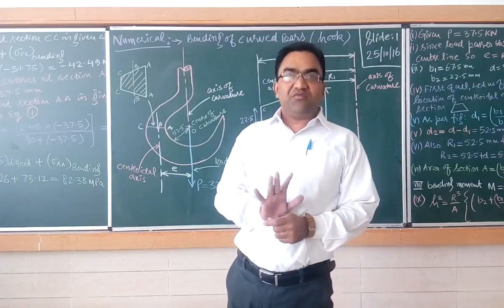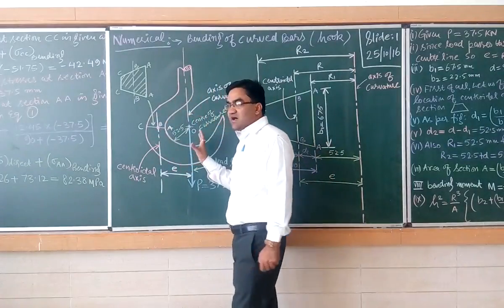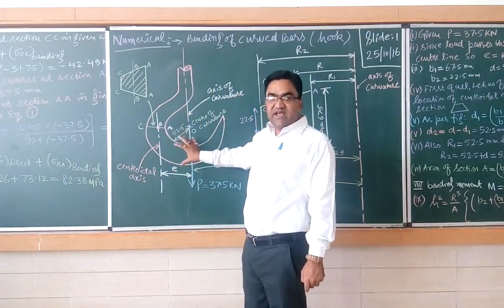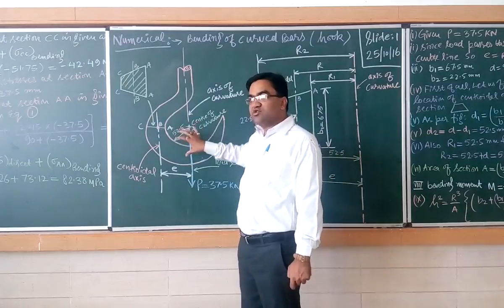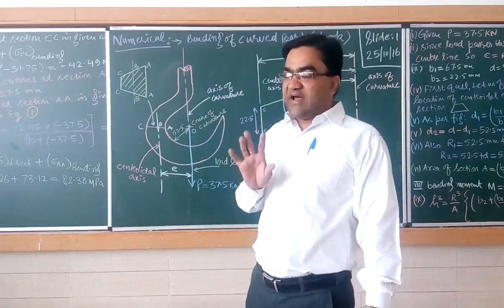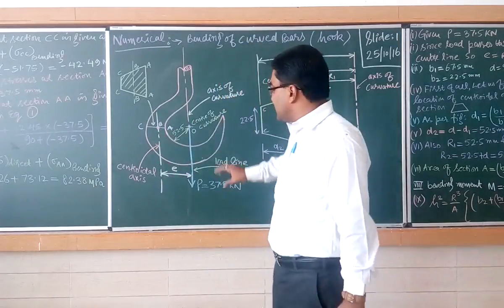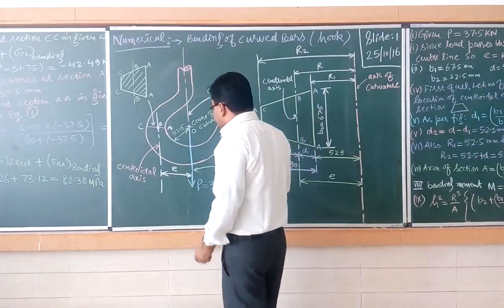Now what we have to find out? We have to find out what kind of stresses are getting generated in this crane hook, so that this crane hook is safe when it is in operation. So we have to check this crane hook under that kind of loading.